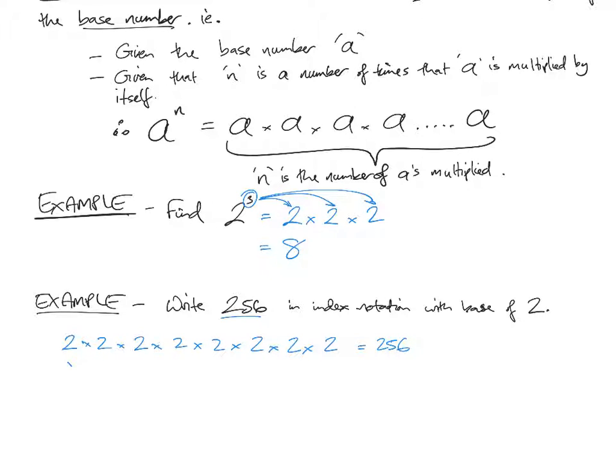So that's 1, 2, 3, 4, 5, 6, 7, 8 times that it's been multiplied by itself. Just double check that on the calculator. 2 to the power of 8 is 256.